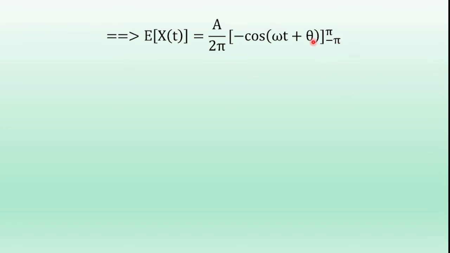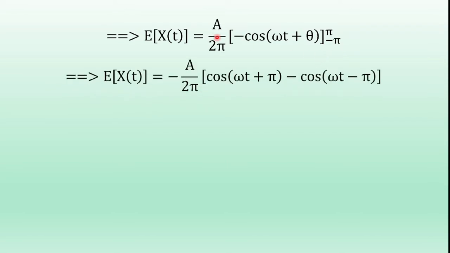Now substitute the upper value of theta and the lower value of theta. We get minus A by 2 pi into cos of omega t plus pi, which is the upper value of theta, minus cos of omega t minus pi, the lower value of theta being minus pi. Here cos of omega t minus pi is written as cos of minus of pi minus omega t.